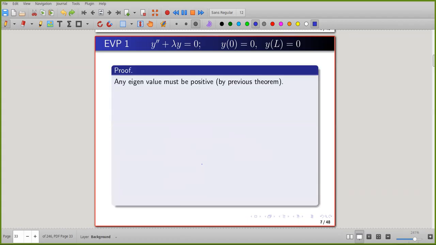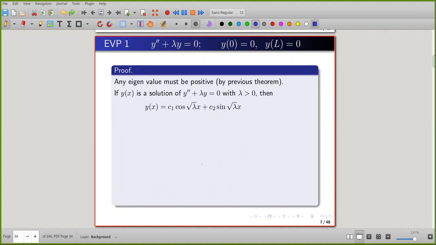Any eigenvalue must be positive by the previous theorem. So if y of x is a solution of y double prime plus lambda y equal to 0 with lambda positive, then we know that the general solution looks like this: y of x is equal to some linear combination of cos root lambda x and sine root lambda x. Once again, this is from your MA 108 course.